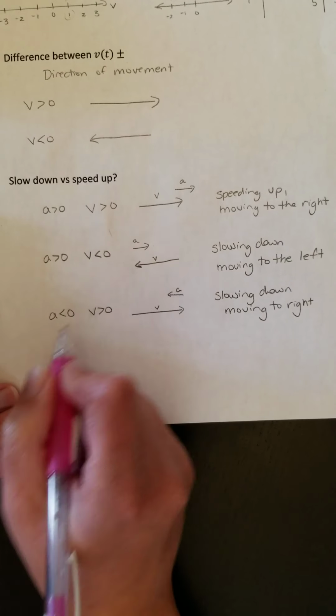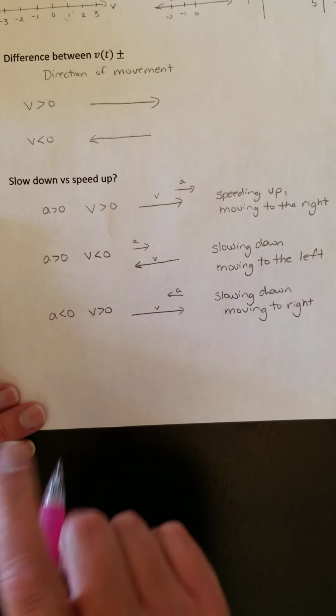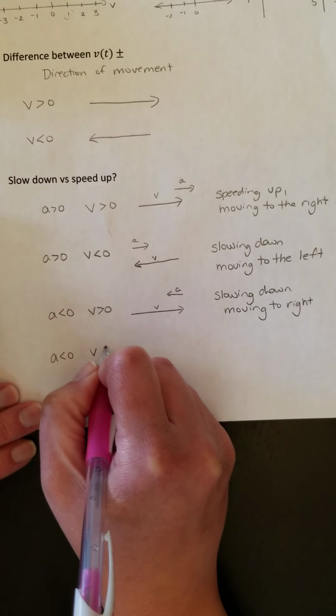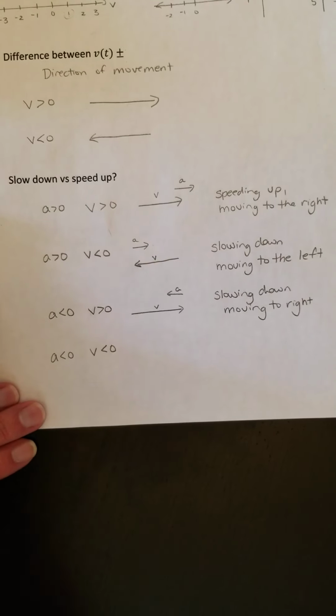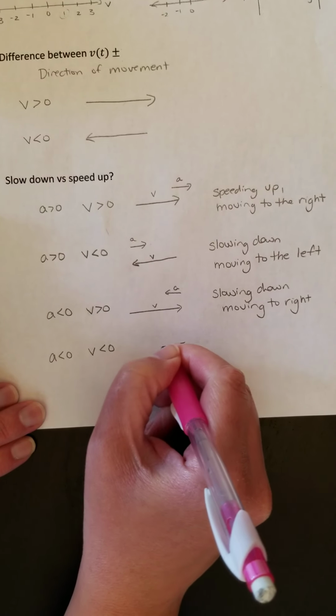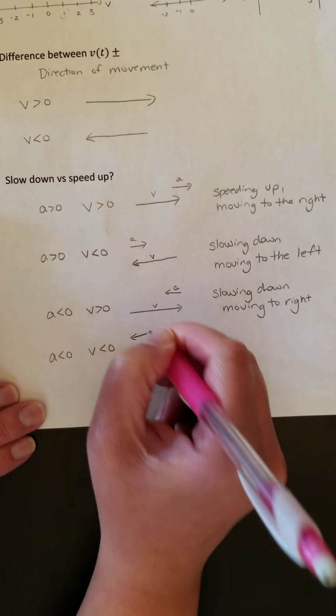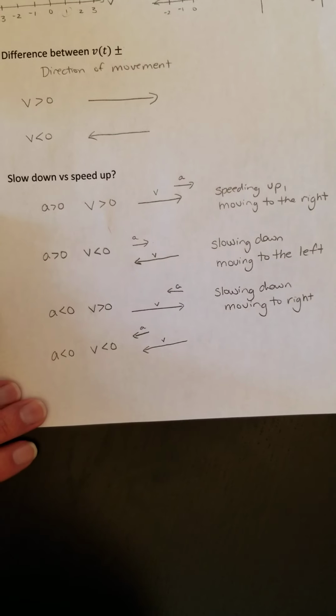And the last situation here would be a negative acceleration and a negative velocity. So in that case, the velocity tells us that we're moving to the left, and the acceleration is decreasing those values.